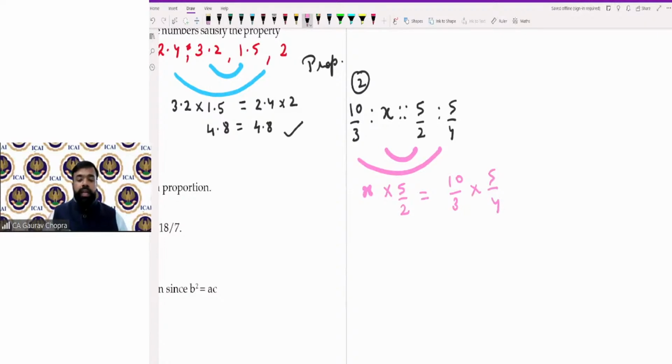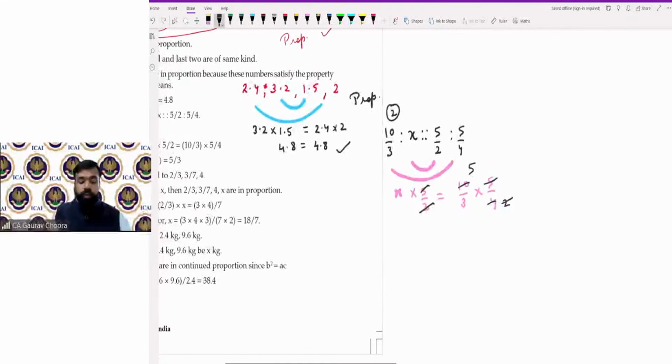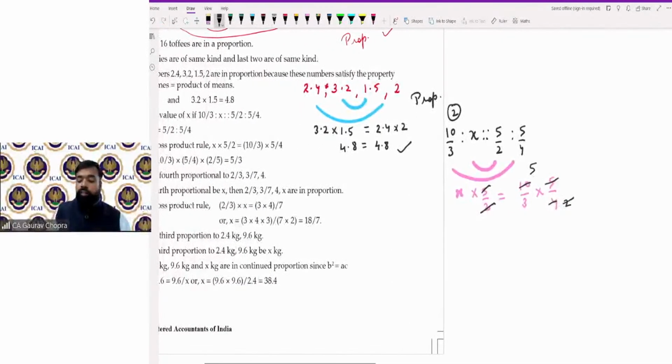Now we can cancel 5 from both the sides. Also, we can cancel out 2. So what will be left? Let's see what is left with us now. We are left with 5 upon 3. Therefore, the value of x is equal to 5 by 3. So in this way, we can easily calculate the value of x.